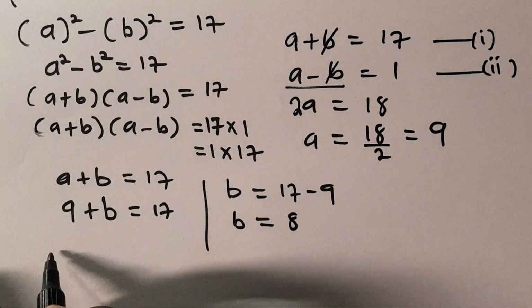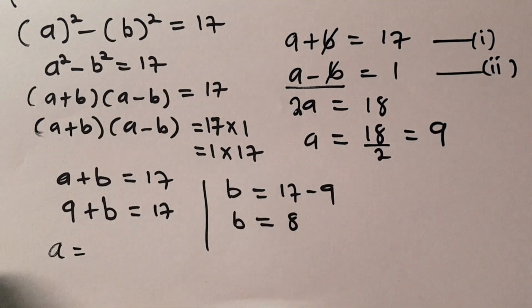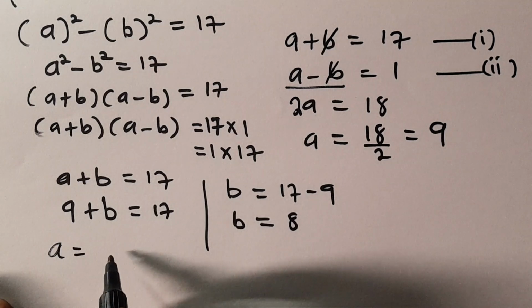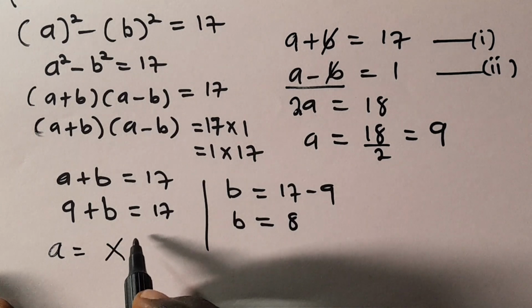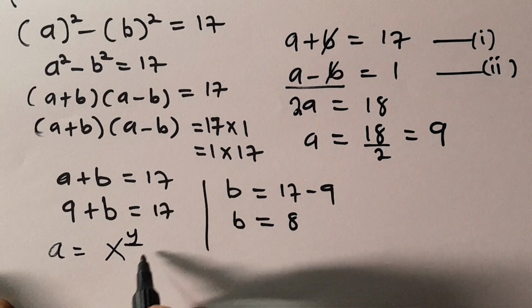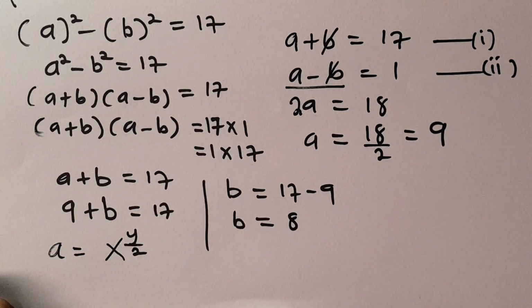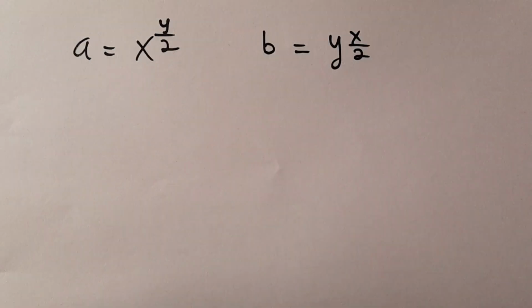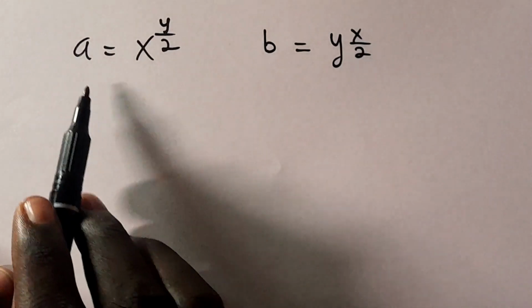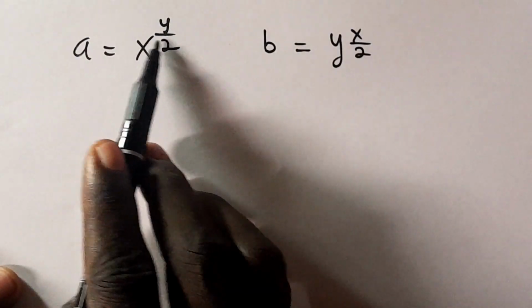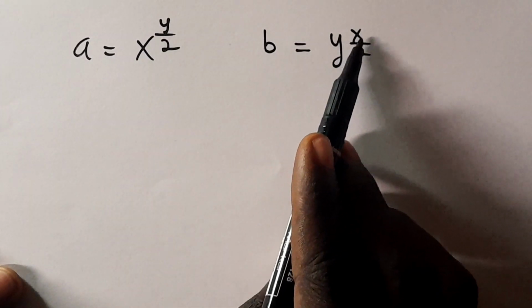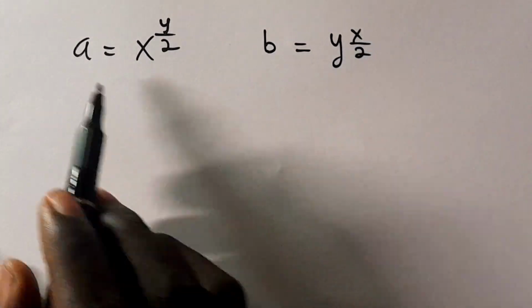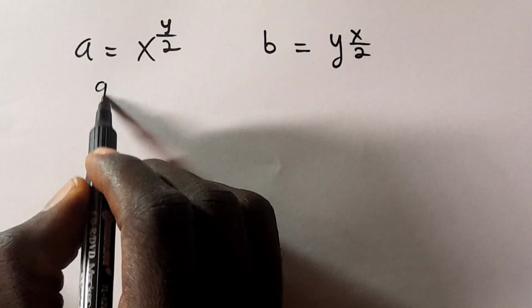Recall that a equals x raised to power y divided by 2 and b equals y raised to power x divided by 2. But a equals 9.